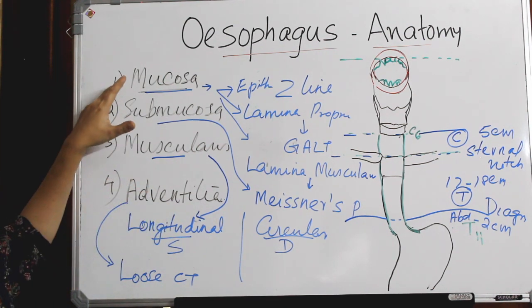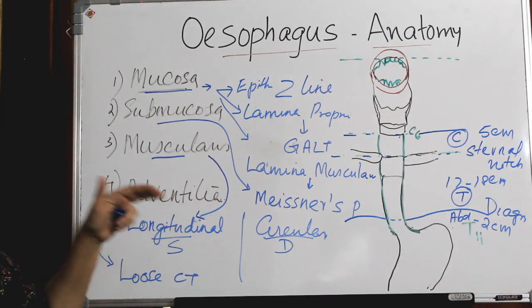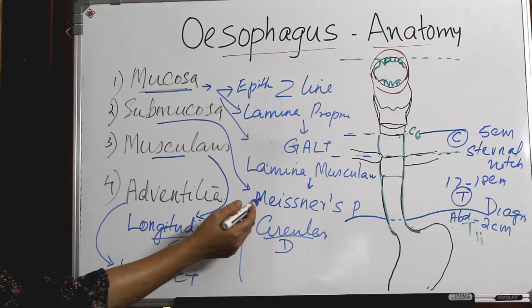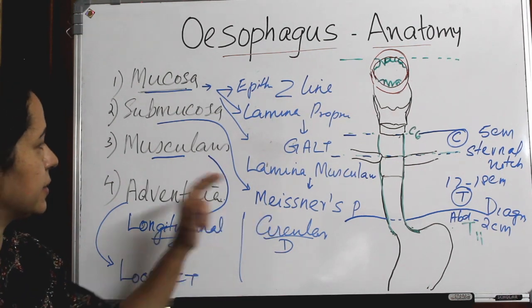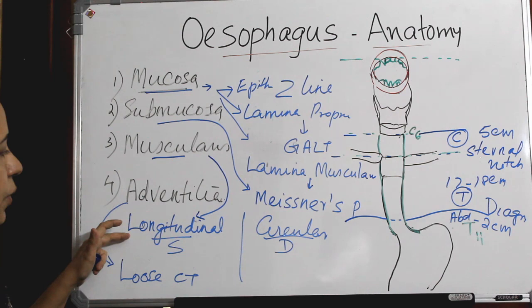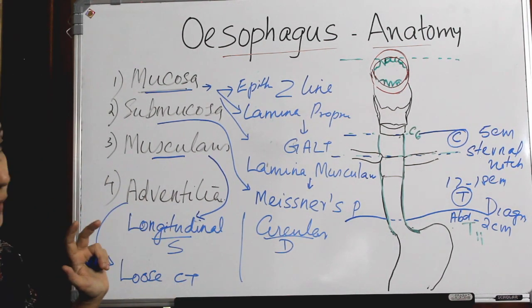Okay, so these are the layers: mucosa, epithelium, lamina propria, lamina muscularis, submucosa containing elastin and collagen fibers, veins, lymphatics, and mucinous plexus. Muscularis propria containing longitudinal and circular muscle fibers, and again the adventitial layer.